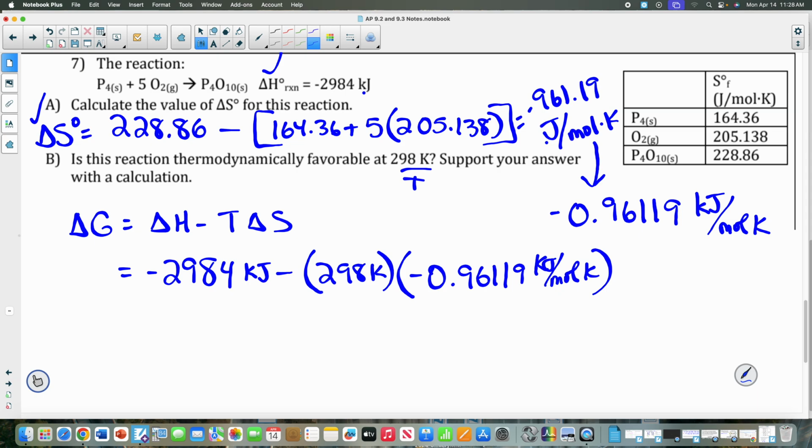So negative 2984 kilojoules plus 286 kilojoules per mole.